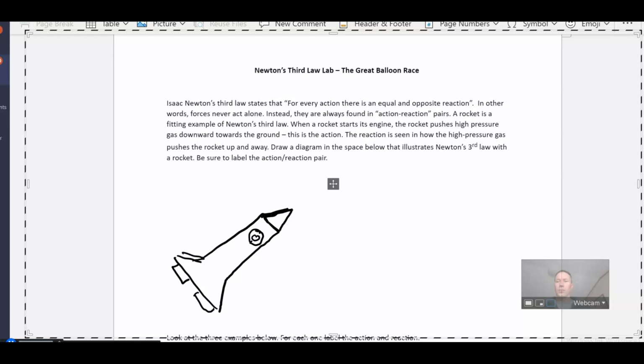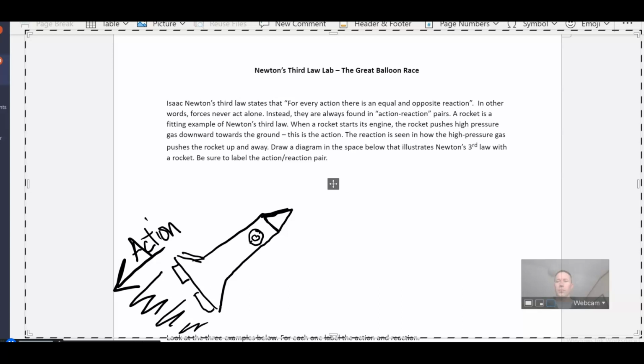All right, now, when the rocket ignites, it starts blasting high pressure gas out the bottom. Now, that, ladies and gentlemen, is the first thing that happens. And the first thing that happens is the action. So, we're going to draw an arrow showing that the gas coming out is the action.